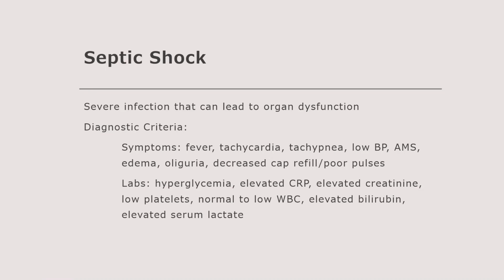Matter of fact, these patients are prone to either bleeding or clotting too fast, one or the other. They're kind of at an extreme when it comes to sepsis. They may have a normal to low white blood cell count, elevated bilirubin, and classic of septic shock is lactic acidosis. So you'll see this elevation in serum lactate.